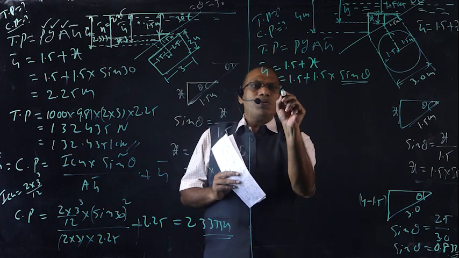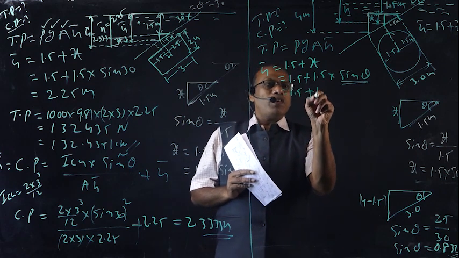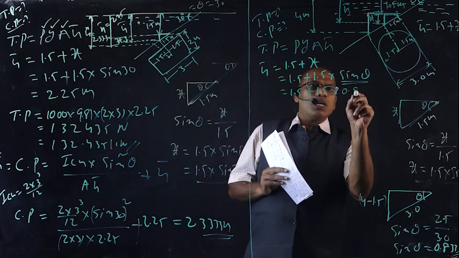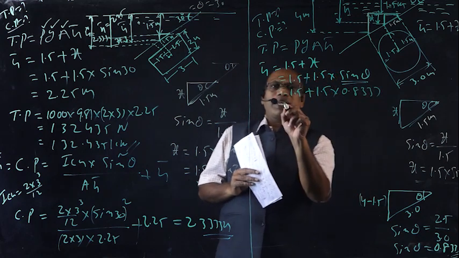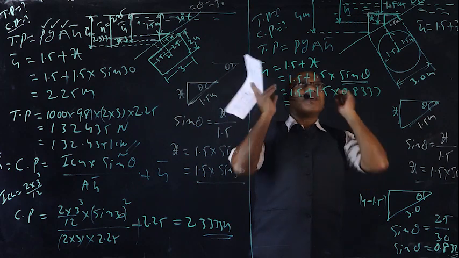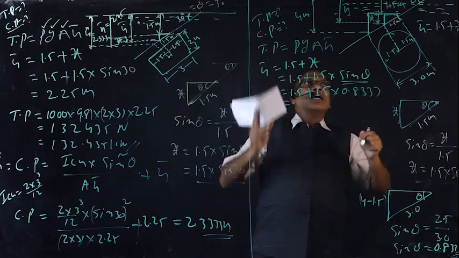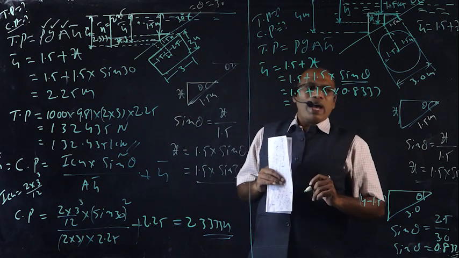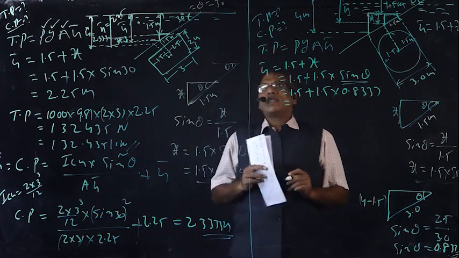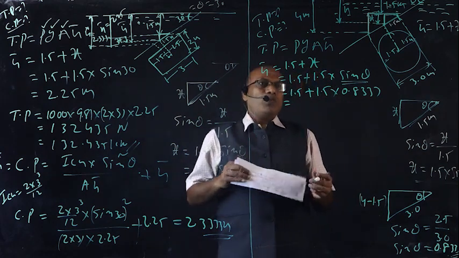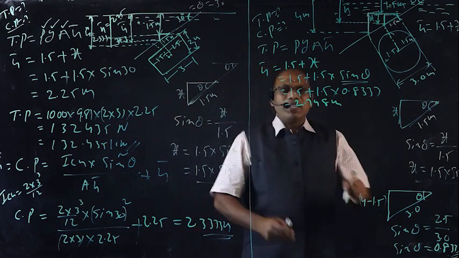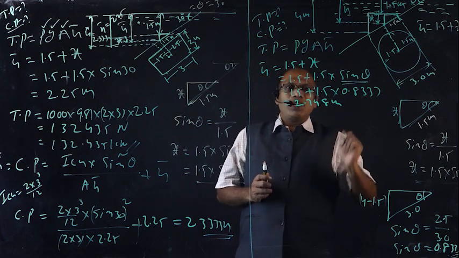That is 1.5 plus 1.5 into 0.833. Therefore h bar is equal to 2.748 meters.